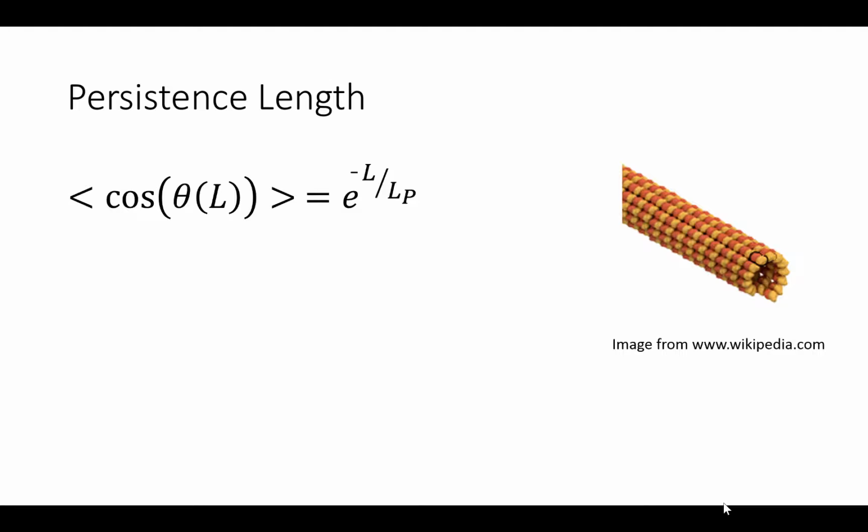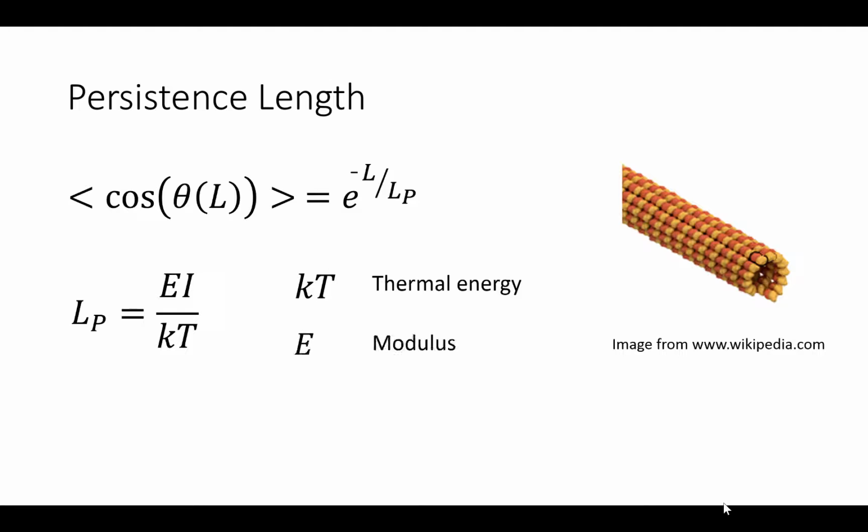So if this line we're talking about corresponds to a shape of an actual rod-like structure with a certain cross-section and a certain modulus, and the deformation originates from thermal forces, we can define the persistent length with the following formula. Here, kT is the thermal energy again, E is the modulus, and I is the second moment of inertia.